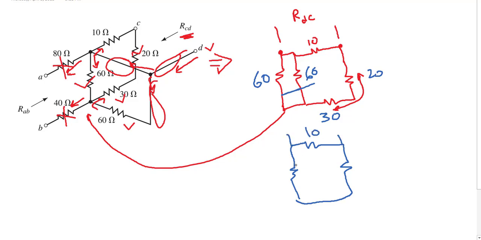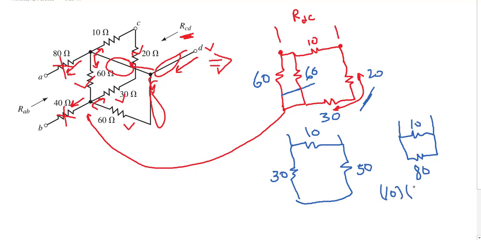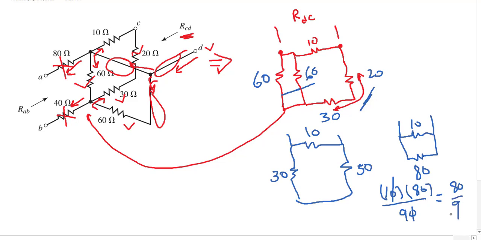If this is 10 and this is 30, which is the result of these two 60s, and this is 50, which is the result of the 20 plus the 30, then we have 10 parallel to 80, and the total is 10 times 80 over 90, so it is 80 over 9 ohms.